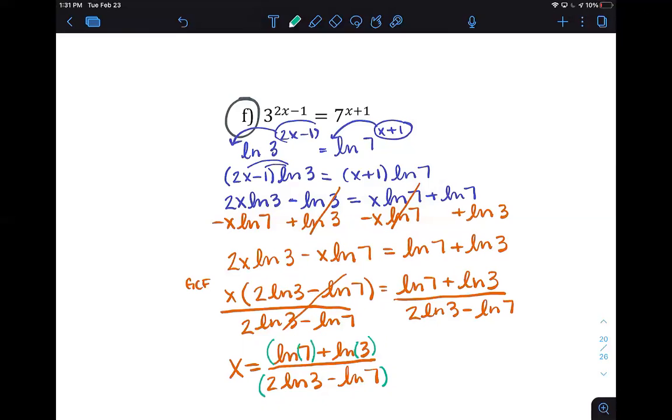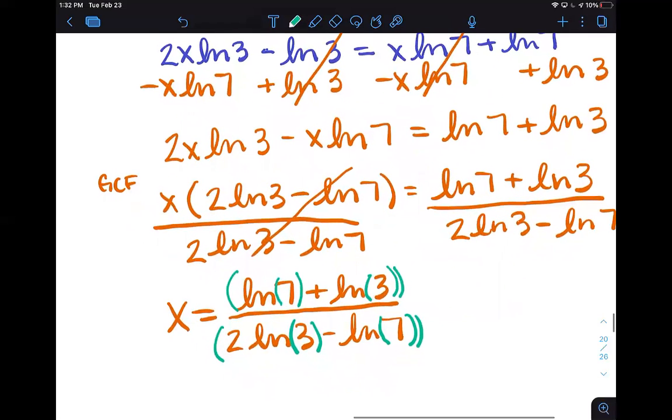It's going to open it after the natural log, close it again after the 3. On the bottom, it's going to open it in front of the natural log, close it after the 3, open it after the natural log, close it after the 7. So your parentheses are going to be a little excessive, okay?